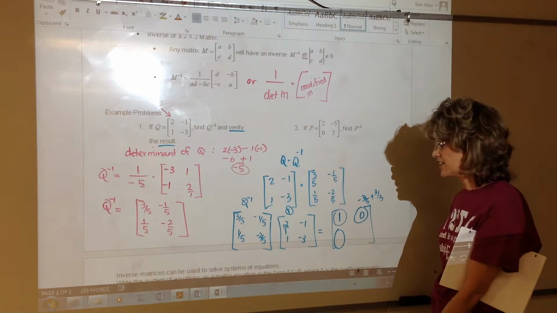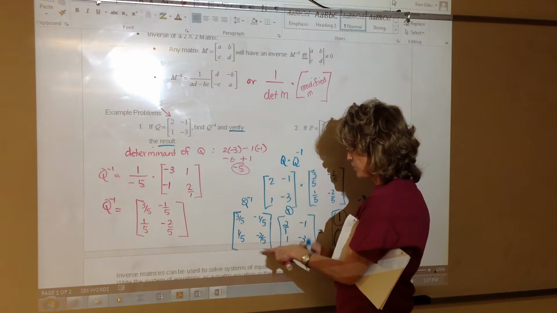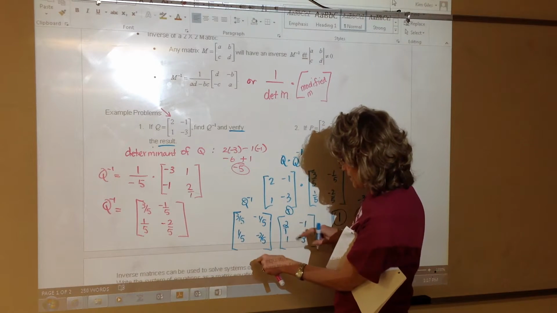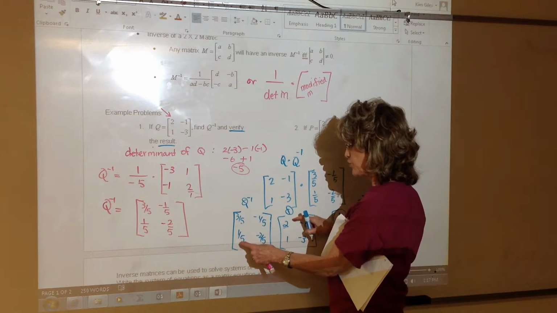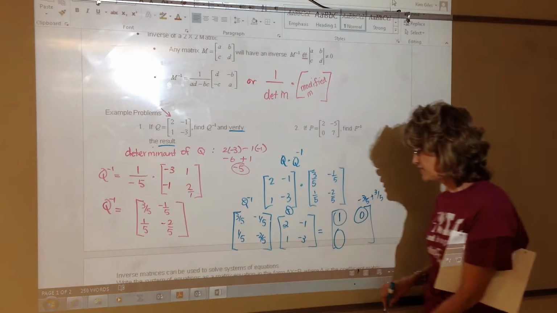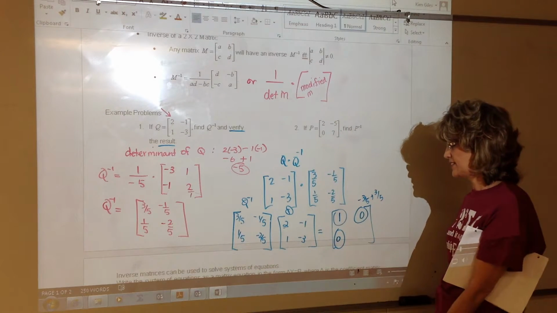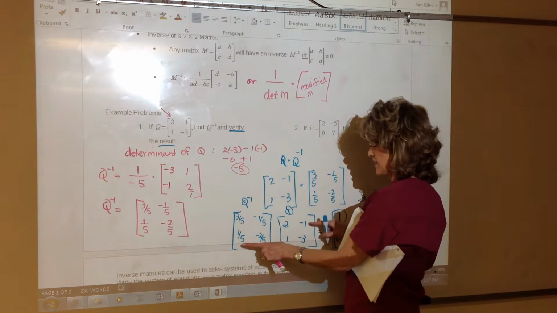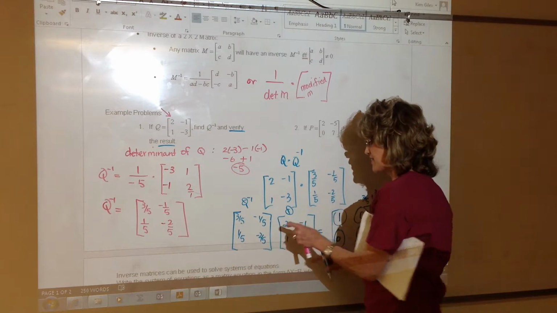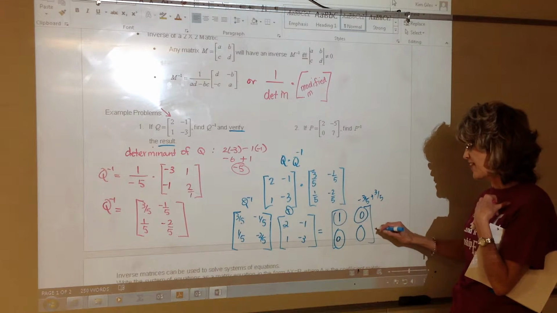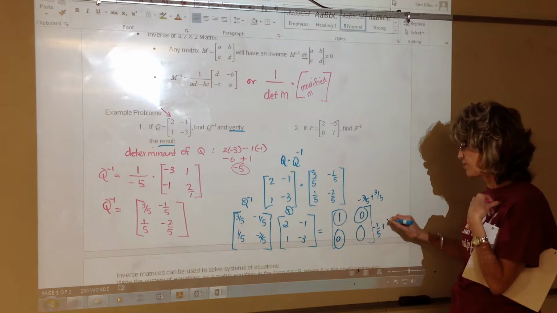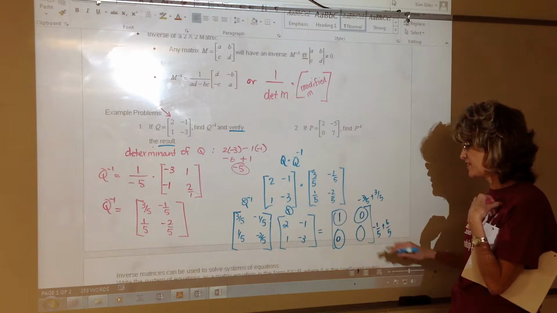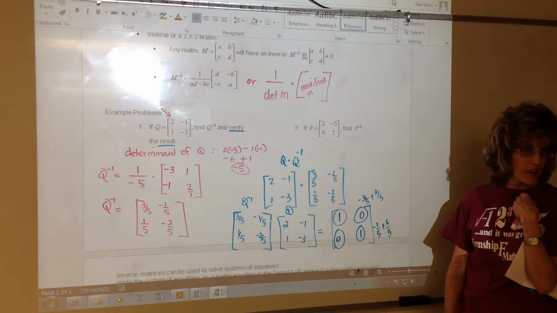This entry right here, row 2, column 1, we've got 2/5 minus 2/5. Yep, that's 0. And this entry right here, straight across, straight down, -1/5, +6/5. That's 5/5 or 1.